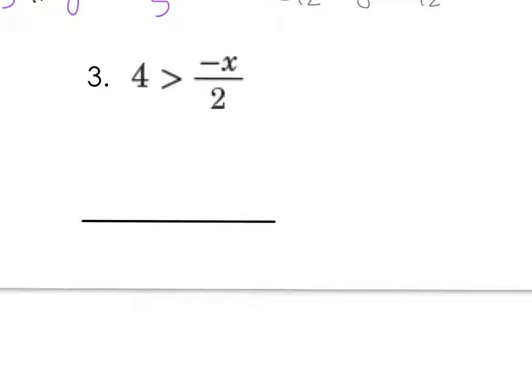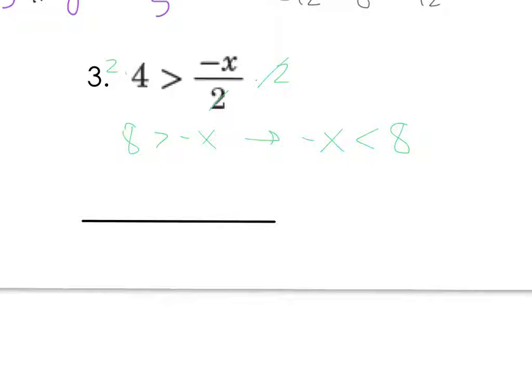Okay, last one for this section. Number 3, 4 is greater than -x over 2. So I'm going to isolate x here, so it's dividing by 2, so I'm going to multiply by 2 on both sides. And I get 8 is greater than -x. So if I were to flip this around, I really have -x is less than 8. So just putting my variable on the left-hand side.